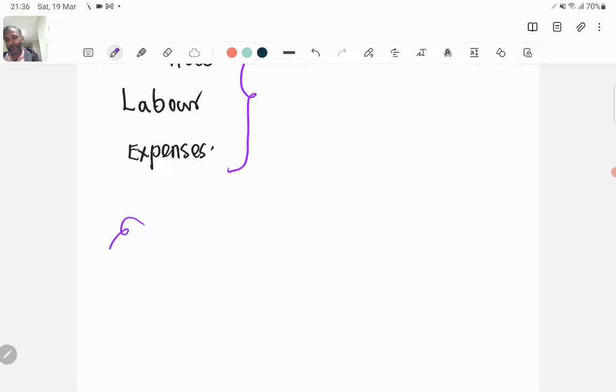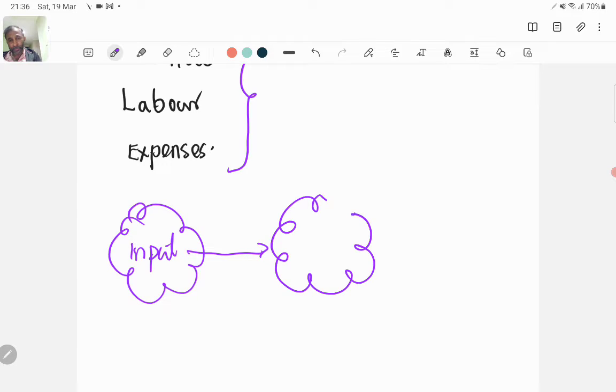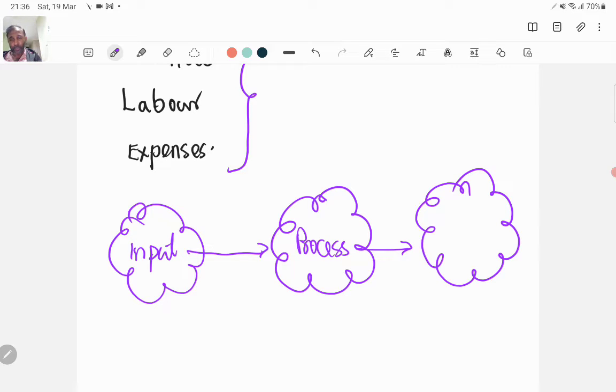We have something called input, and that input goes into something called process. Once these inputs are given to the process, the process will give an outcome. That outcome we call output. This basic process everyone knows.